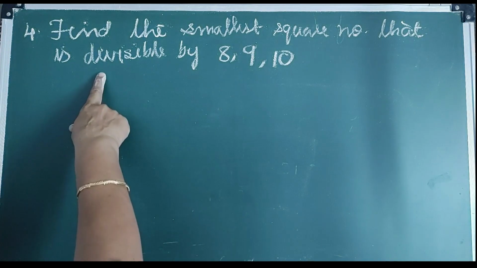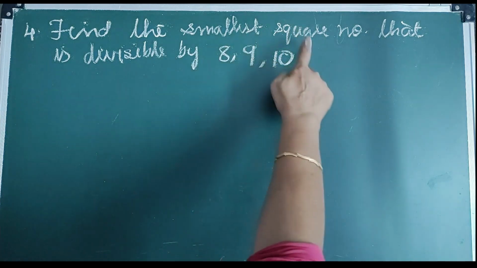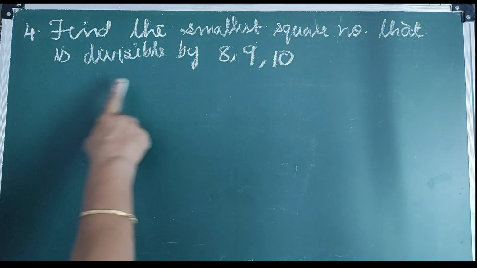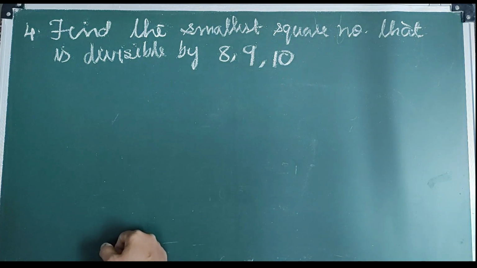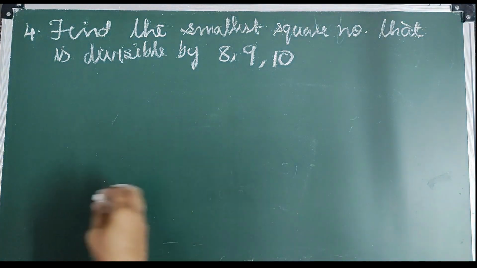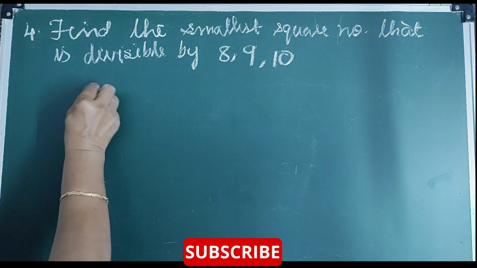But in the question, we have to find the smallest square number that is divisible by 8, 9, 10. First of all, we will find the LCM of 8, 9 and 10.